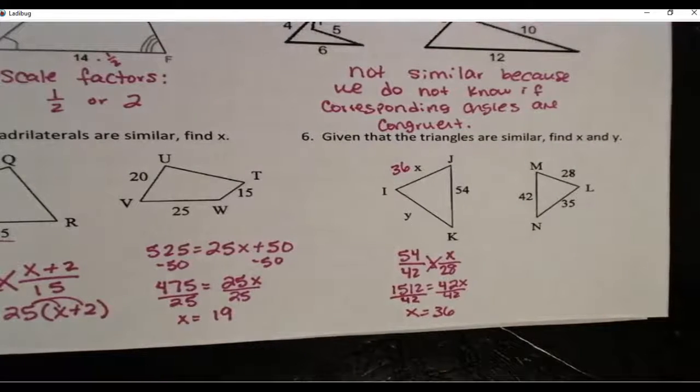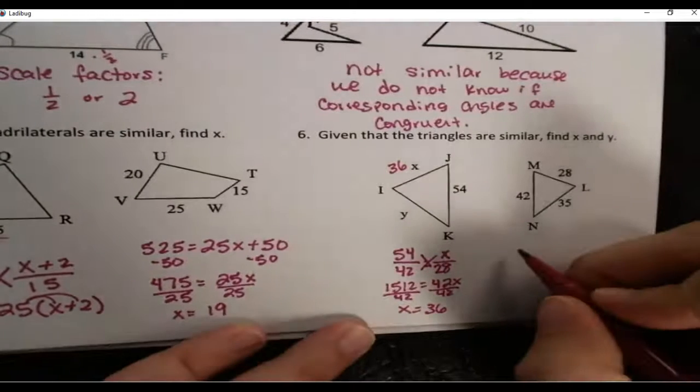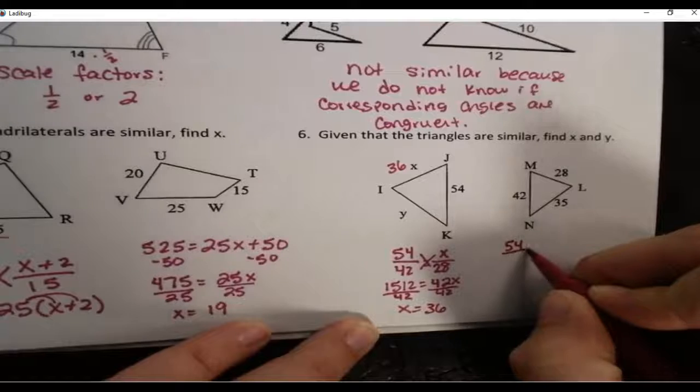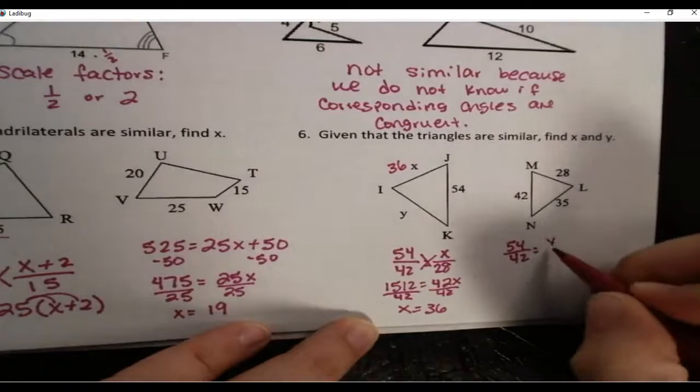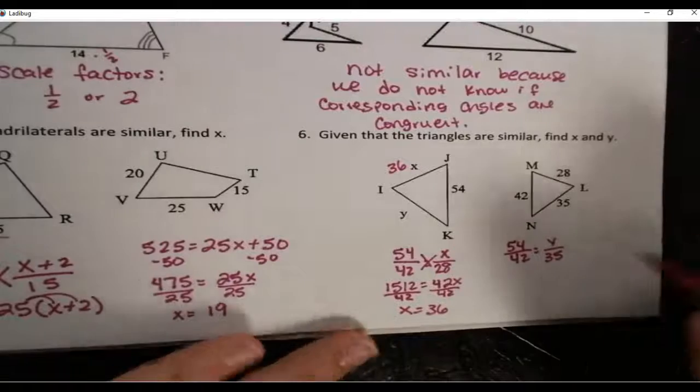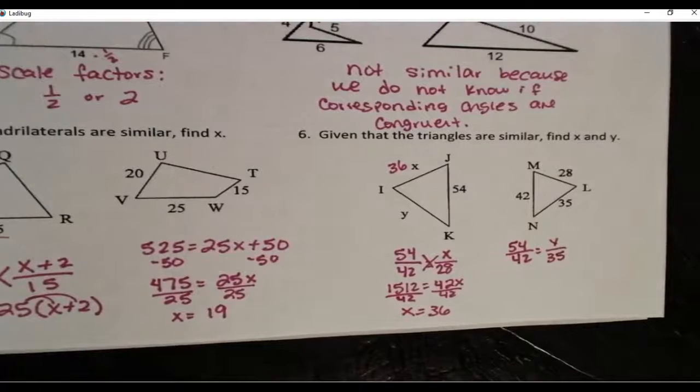Now, when we're solving for y, we can still use the 54 and the 42, or we can use the 36 and the 28. It doesn't matter. Either way, we'll get the same answer. We'll use the 54 and the 42 since we already set that one up. And then that would equal y over 35. So then we cross multiply.